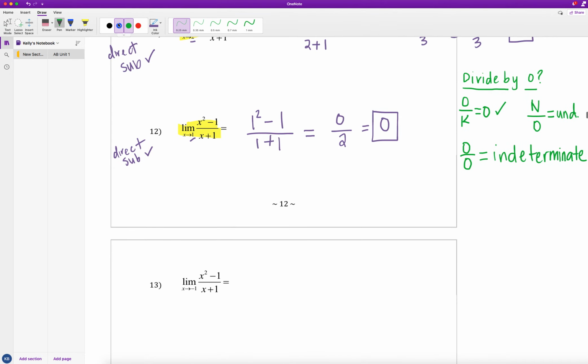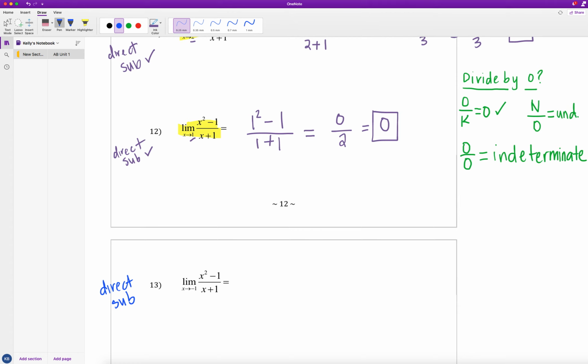So in 13, it says the limit as x approaches -1 of x squared minus 1 over x plus 1. Well, let's continue doing what we've done. Let's try a direct substitution. Why don't you guys pause the video and try directly substituting in for this limit, and let's see what happens.